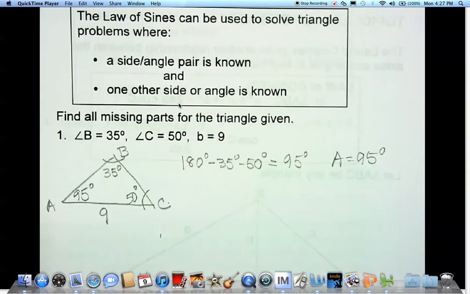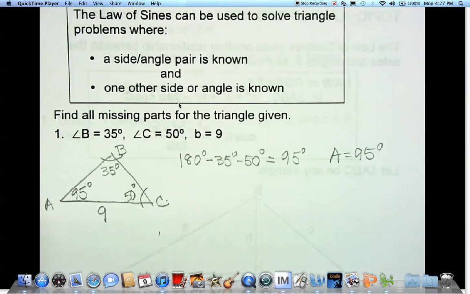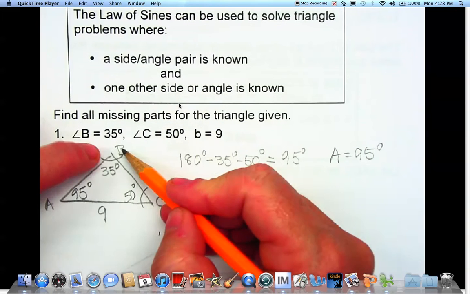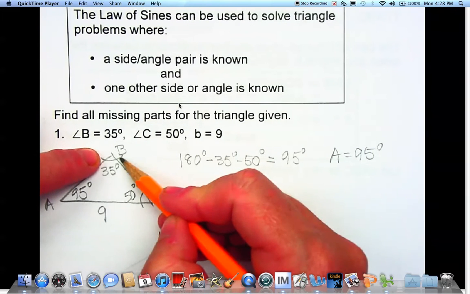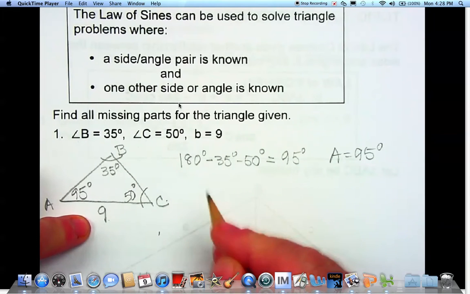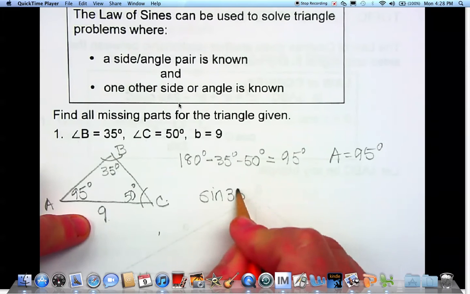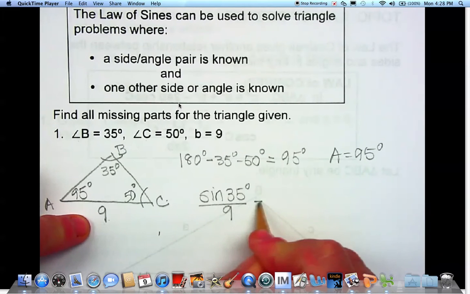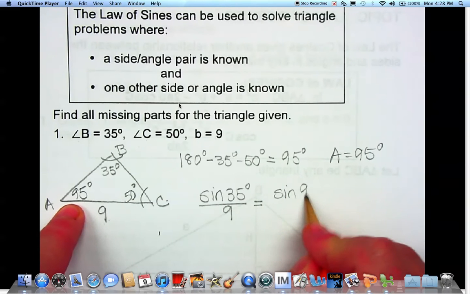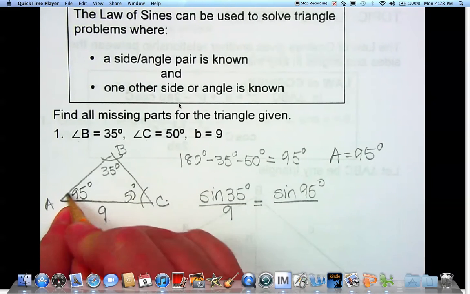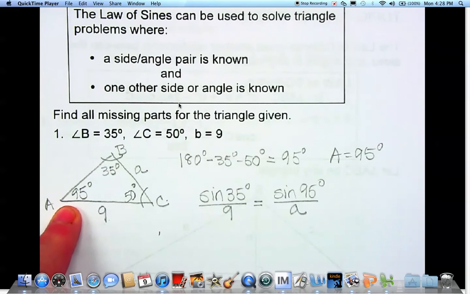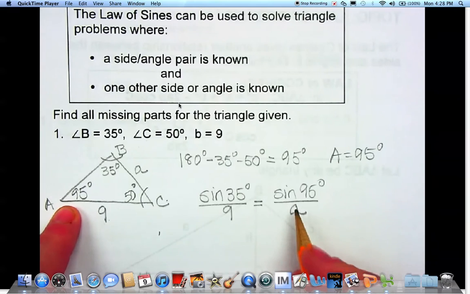Now we're going to use our law of sines to find the sides. The pair that we know is the sine of B, the sine of 35 over 9. So the sine of 35 degrees over 9 equals, let's find a, the sine of 95 degrees over little a, which is across from big A. Let's cross multiply.